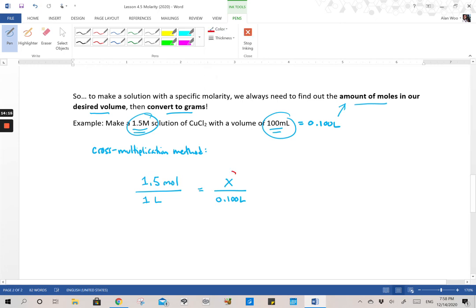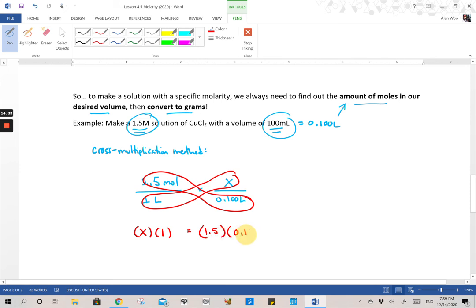So I'm going to cross multiply. X times 1 equals 1.5 times 0.100.